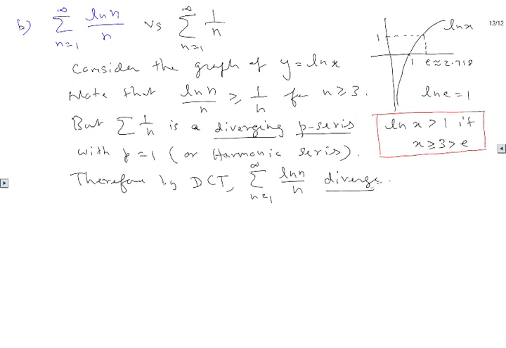It's a simple argument, but you need to understand how the ln n looks. So this is a simple direct comparison test result. It's very easy to prove using the direct comparison test.